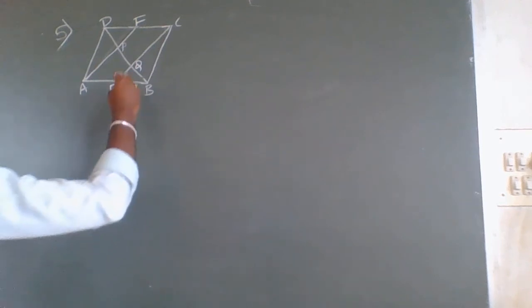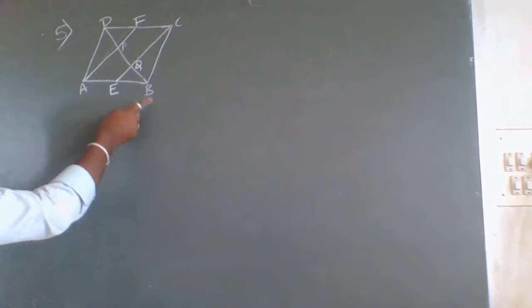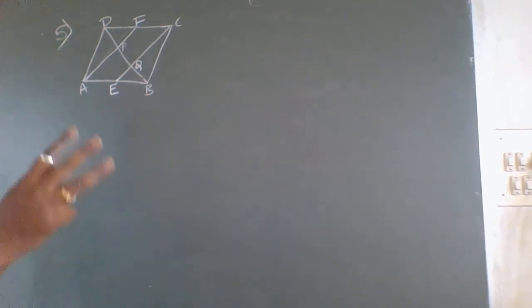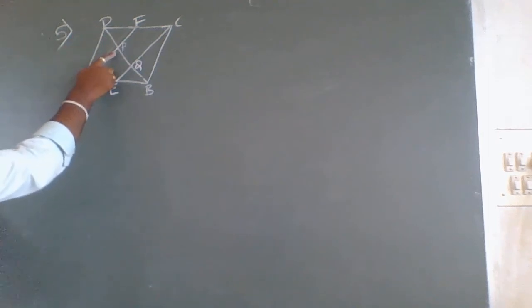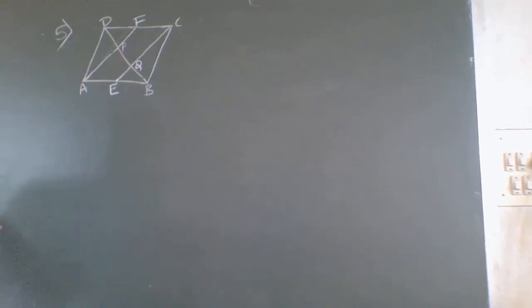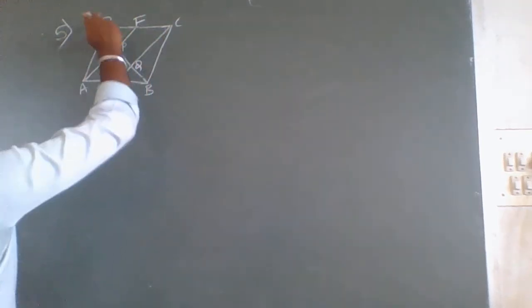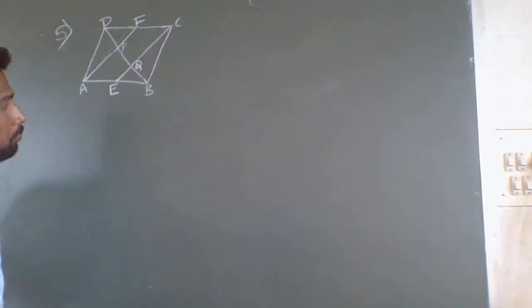Trisect means these two lines AF and EC will divide the diagonal BD into three equal parts. That means DP is equal to PQ is equal to QB. So we have to prove three equal parts here.